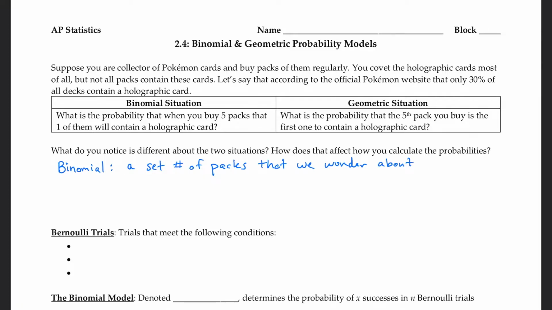That's a bit different than what I'm reading over in geometric. With geometric, there really isn't a set number. We're more interested in when we first get a holographic card.